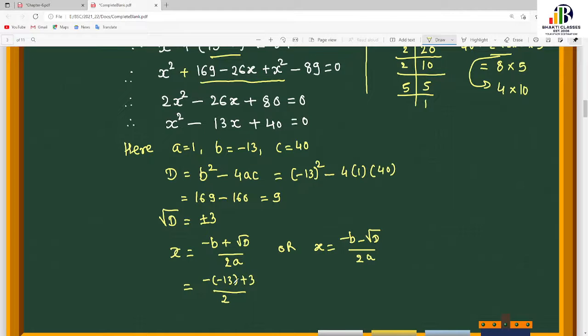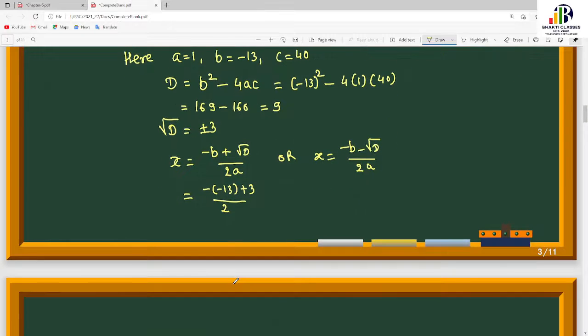So it would be 13 plus 3, 16 by 2, which is equal to 8. And here it will be minus of minus 13 minus 3 by 2. So 13 minus 3, that is 10 by 2. So it is 5.